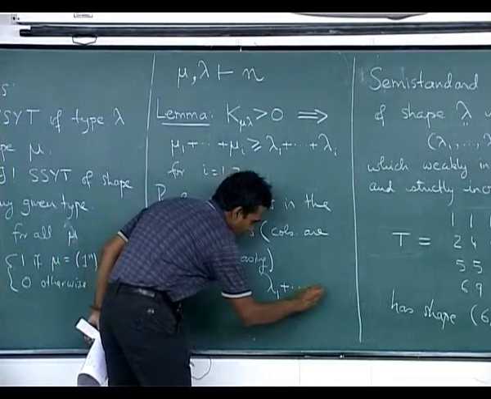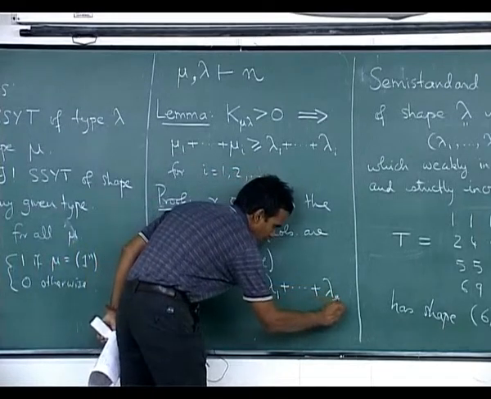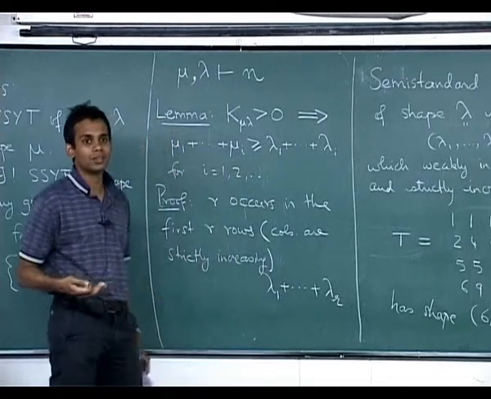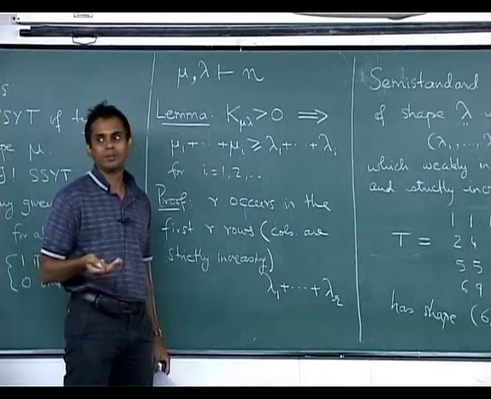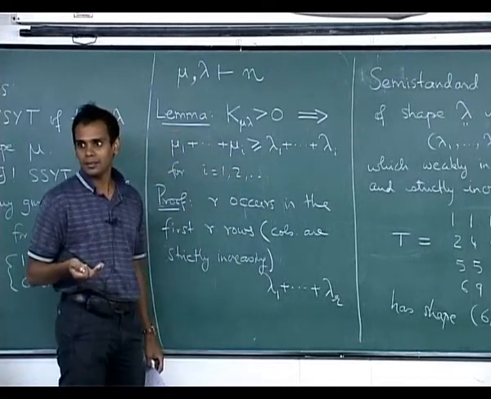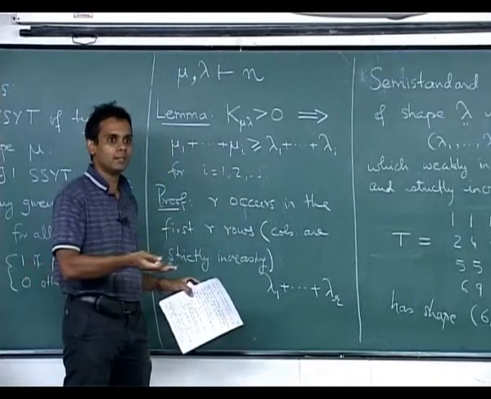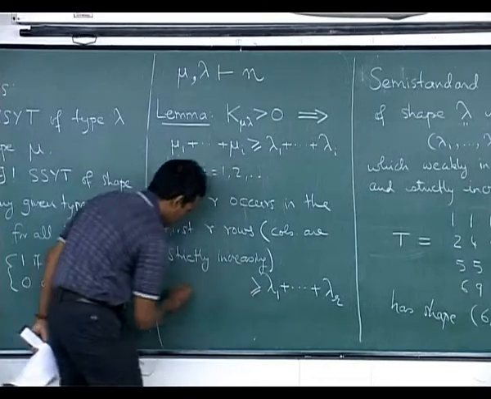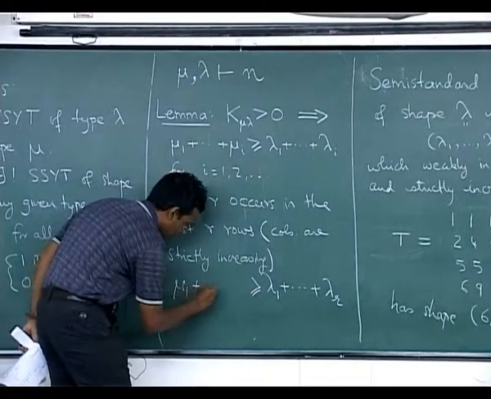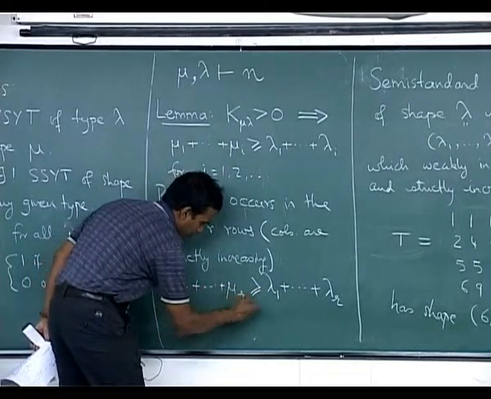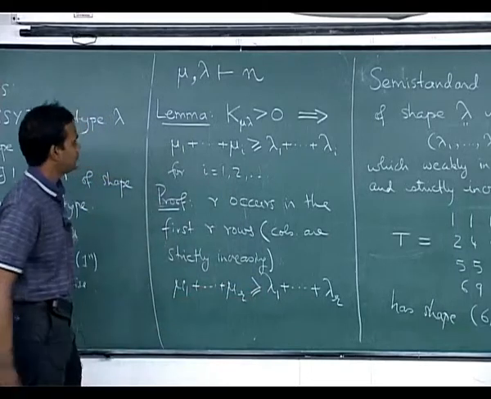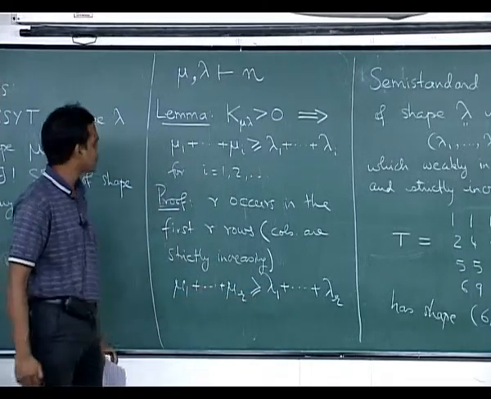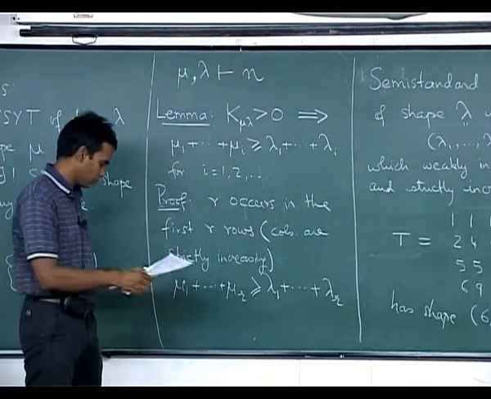We need enough space for these things. And how much space is there in the first r rows? Mu 1 plus mu 2 up to mu r. So the amount of space should exceed the amount of stuff you want to put in there, for every r. That's the proof of this lemma.